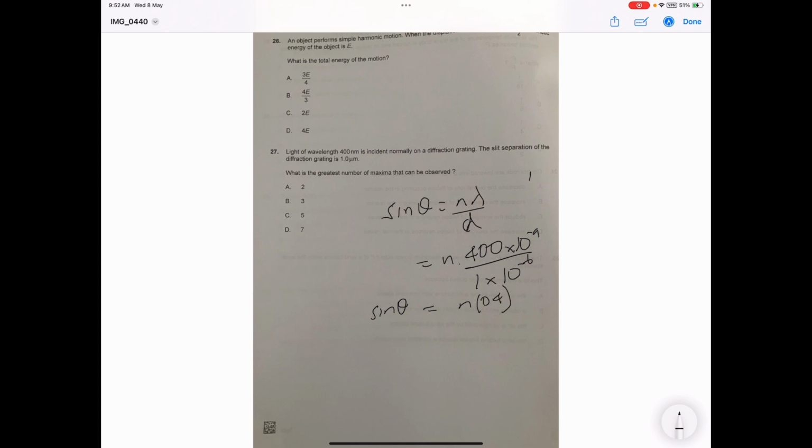So theta is equal to 23.6. So 90 divided by 23.6 is going to be less than 4. So the greatest number of maxima that can be observed is going to be 3, B.